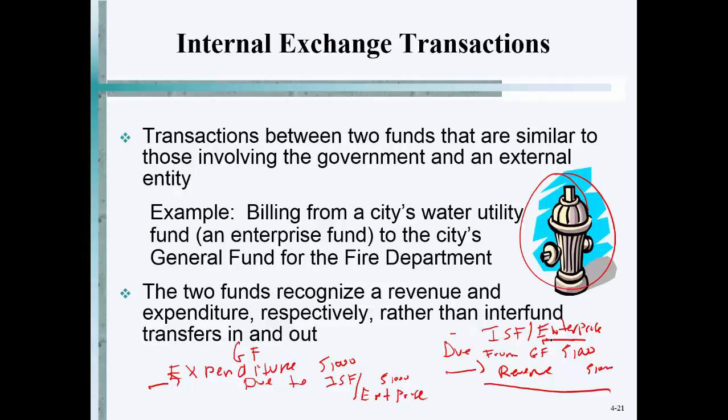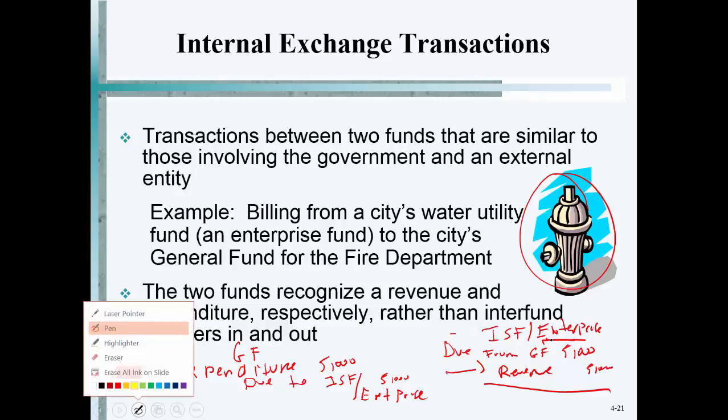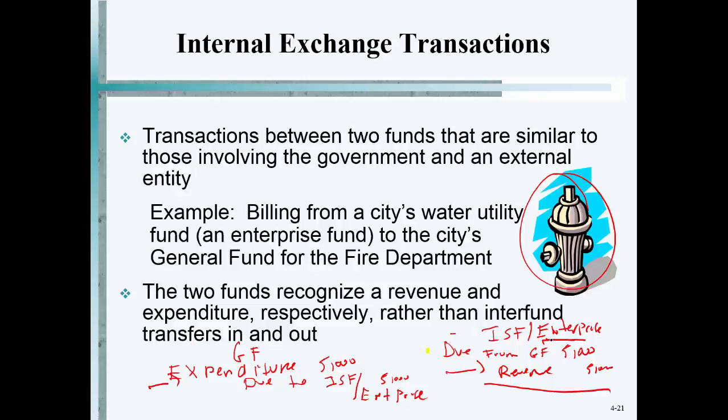Notice the account that is debited when one fund is going to be sending money over to another fund. We call that due from. It is not accounts receivable. It is due from, right?